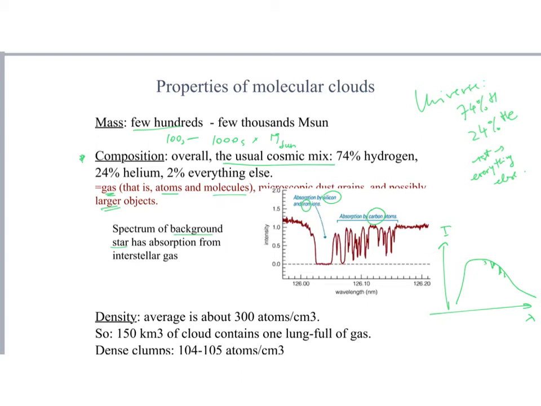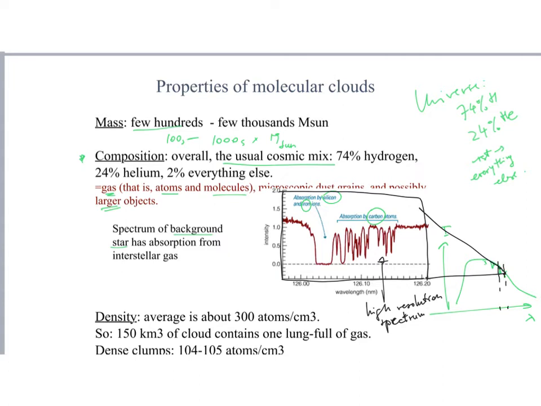But in this case, it's kind of this region, right? So this spectrum, now it's blown up, and we see a lot more features. So this is a really high resolution spectrum, just a tiny part, going from 1.6 nanometers to 1.62 nanometers.